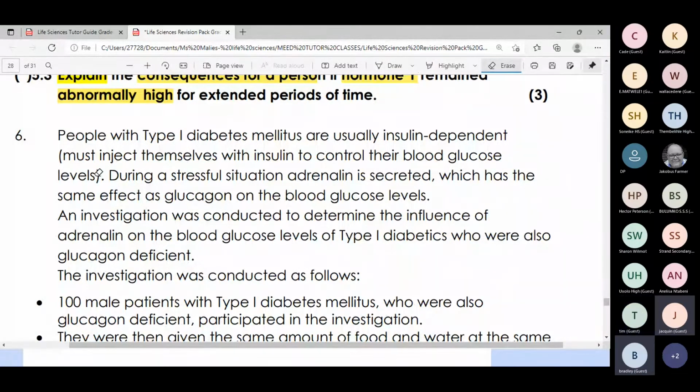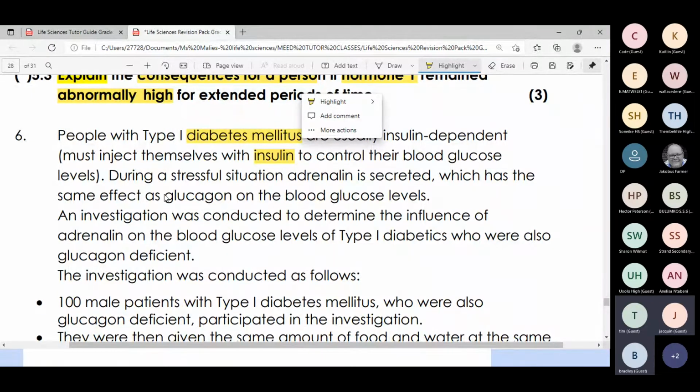So during a stressful situation, adrenaline is also secreted, which has the same effect as glucagon on the blood glucose levels. So let's highlight insulin. But we must also know that when it's diabetes mellitus, glucose levels are high, so insulin.